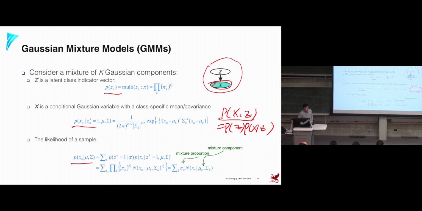So naively, how do you learn? By the way, these are the parameters in the model you have to learn, right? Pi, which is the a priori frequency of the label, mu and sigma, the mean and covariance of the component Gaussians. How to learn that? Well, here's a loss function.